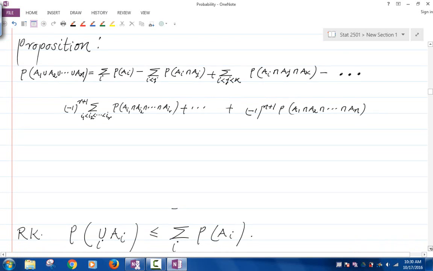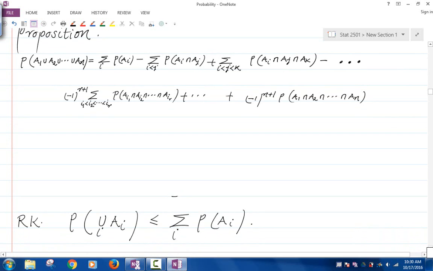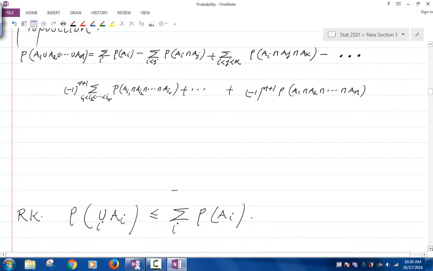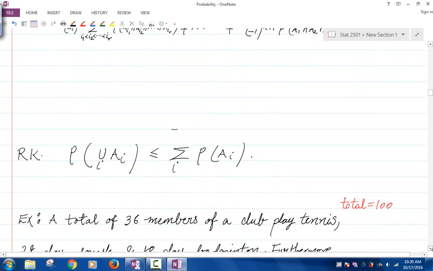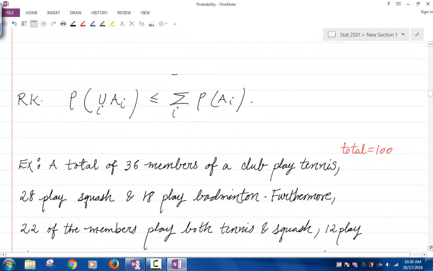Okay, so one thing that I want to point out here is that the probability of the union of events Ai, where i could be from 1 up to n, if there are only finitely many, or it could be 1 up to infinity as well, is smaller than the sum of the probabilities of the individual events.